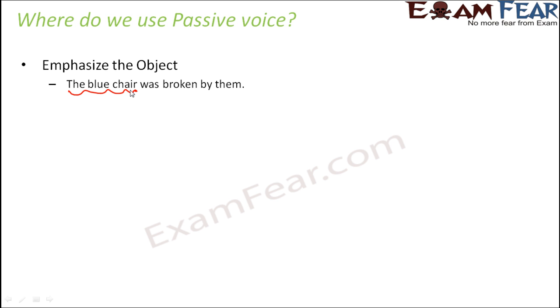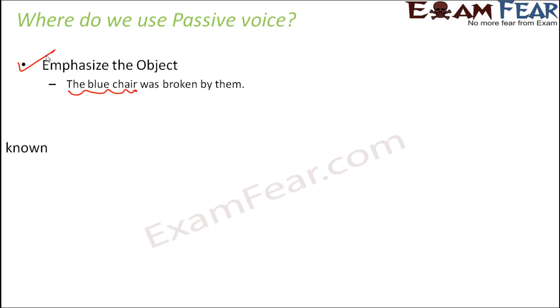When you want to bring the focus to the object, then you use passive voice, because you could have written the same sentence in active voice, like they broke the blue chair. But in that case, the focus is on they. They did this. But when you want to bring the focus to the blue chair or the object, then you use passive voice. So this is one case where you should use passive voice, when you want to emphasize the object.